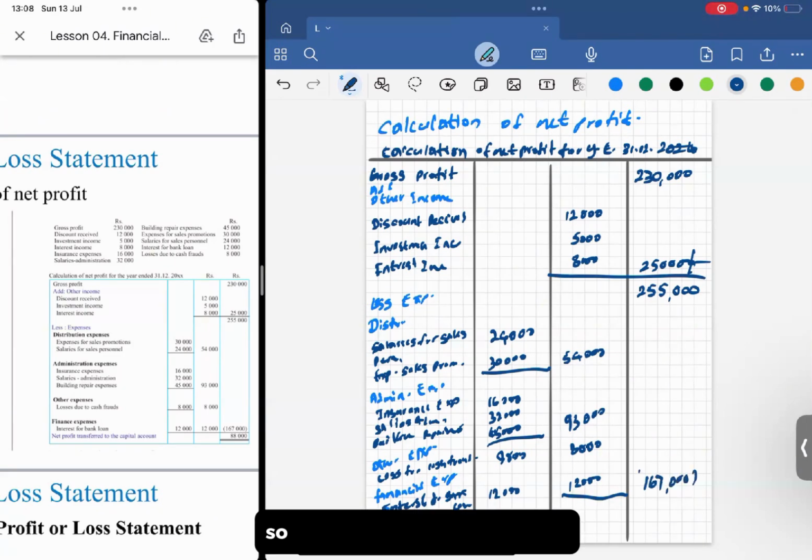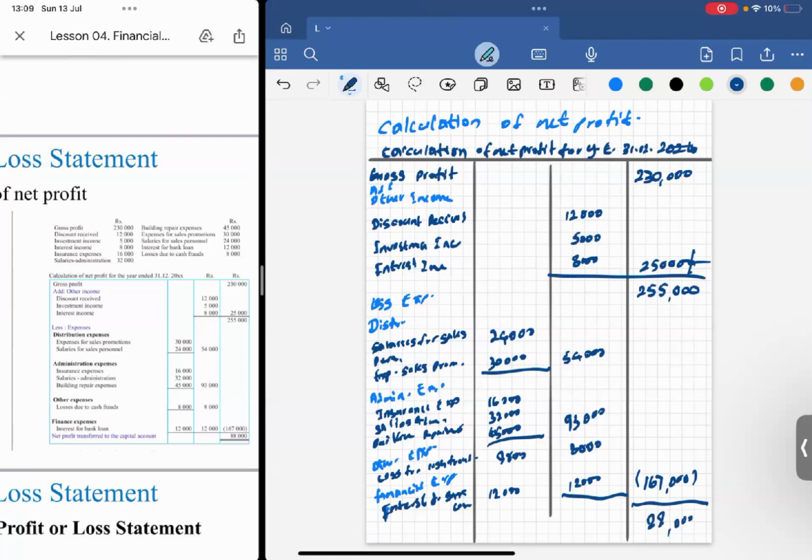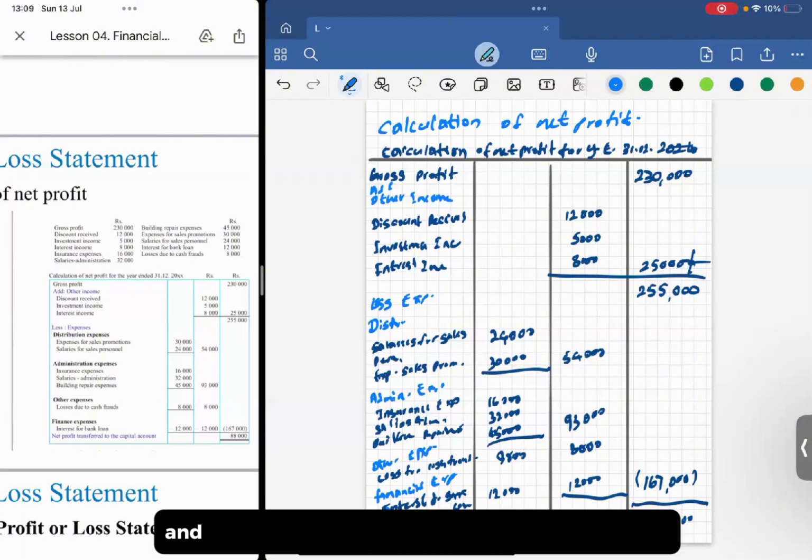So we should deduct this. From 2,55,000, when we deduct 1,67,000, it will be 88,000, which will be the net profit. And we call it net profit transferred to capital account.